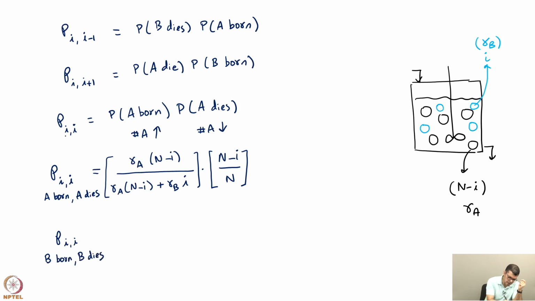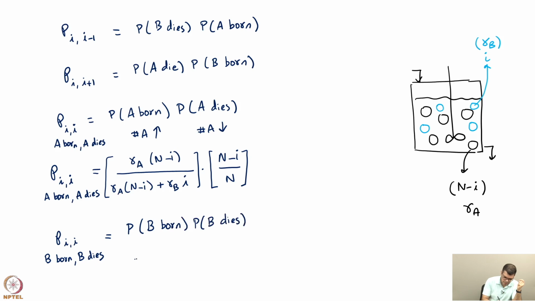So this is I to I when A is born and A dies, and in this case we compute the probability that a B individual is born and a B individual dies.